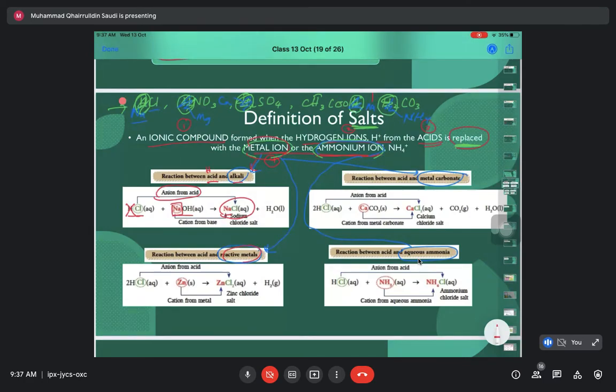The H from the acid is being replaced by the ion from the metal, and you will get salt. Metal ion can also come from metal carbonate. H from the acid is being replaced by the metal ion from the metal carbonate. You will get salt. Hydrogen ion from the acid can also be replaced by ammonium ion from ammonia. So, you will get salt. Okay? Easy, betul?